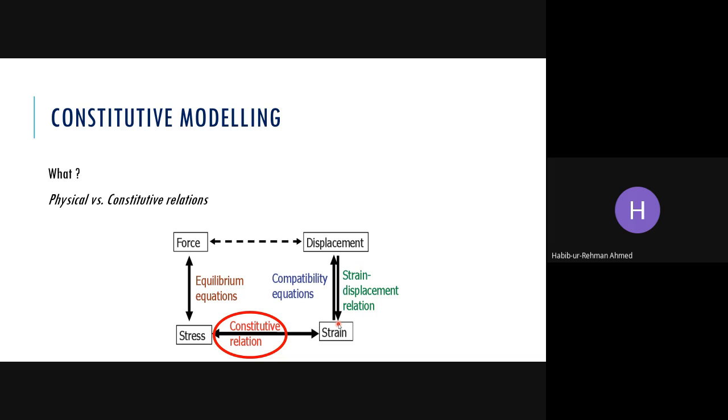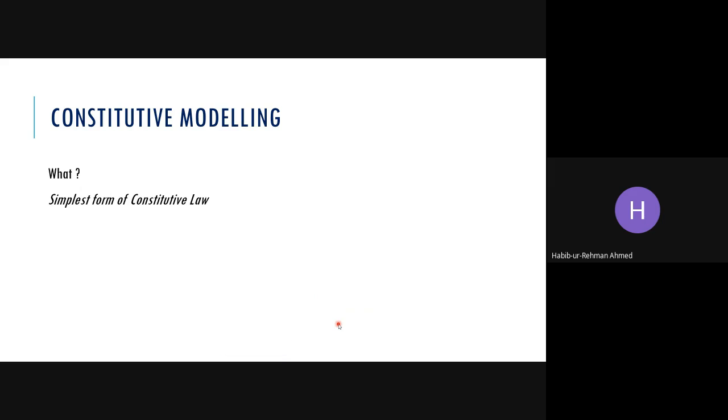Okay, so from here I'll be starting with the simplest form of constitutive model that all of you, as civil engineers, must be aware of. That is Hooke's law. This is the most simple type of constitutive model.